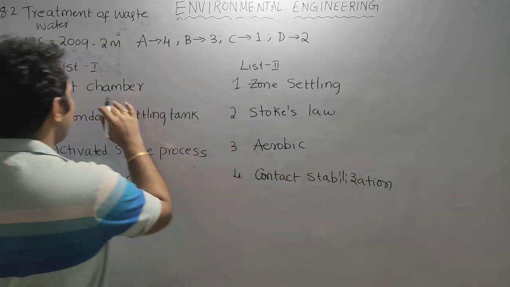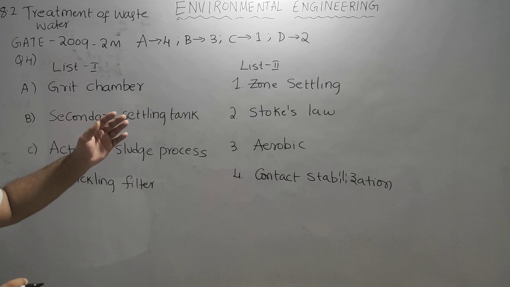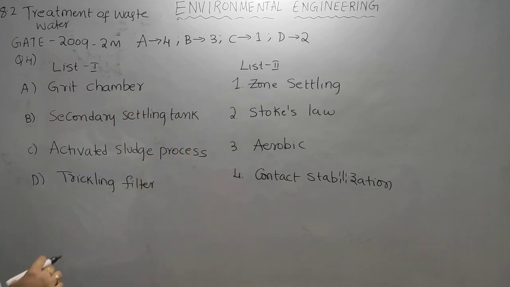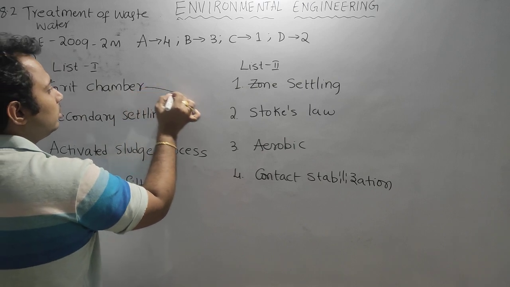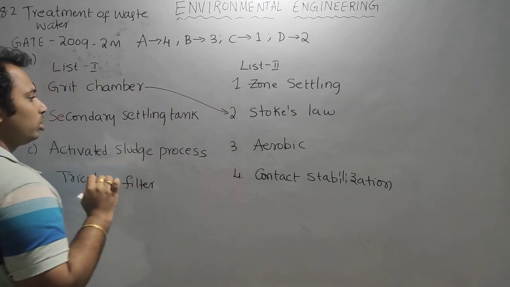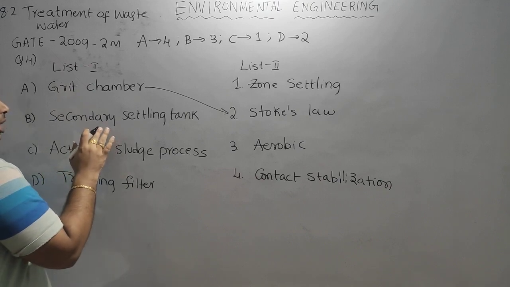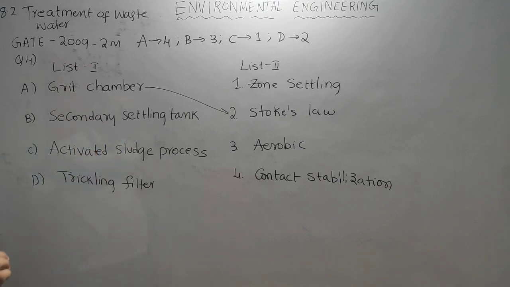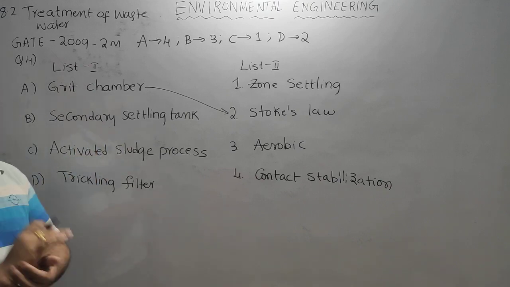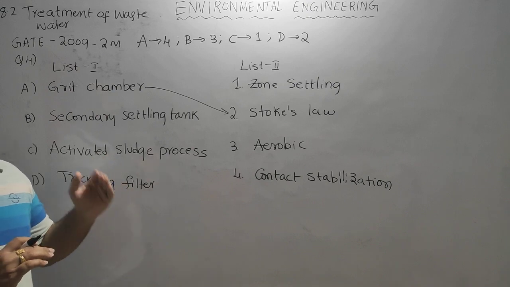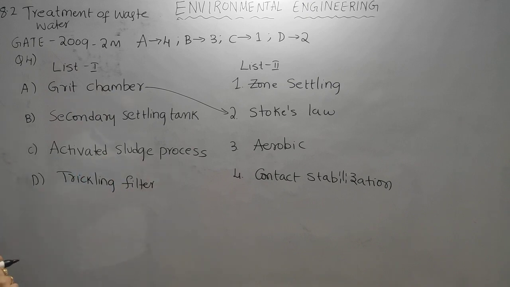So if you look at the grit chamber, just now we did a question on grit chamber using the Stokes law concept. So generally in a grit chamber we use Stokes law. Secondary settling tank: I have told you different types of settling: discrete settling, hindered or zone settling, or we can call it flocculent settling.